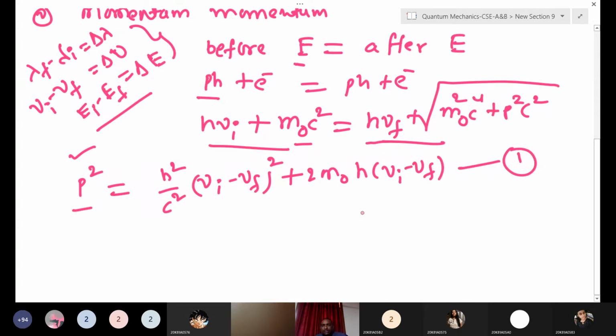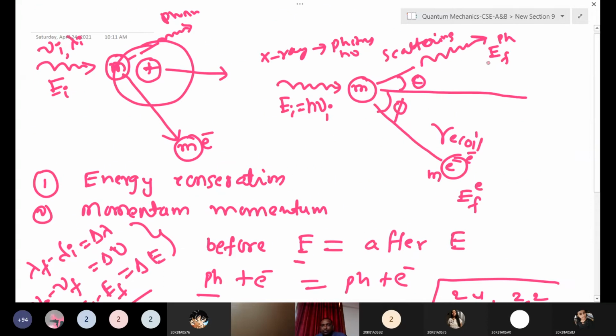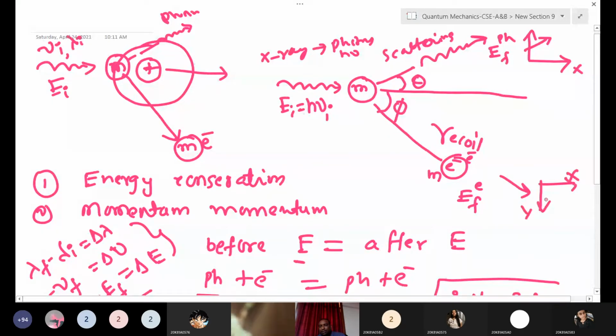See in this diagram, the photon is going in this direction and the electron is going in this direction. But we don't know what the momentum is here. That's why we are dividing into X and Y components. We are dividing the X component, and here the Y component. Same thing here also, X and Y components of electron momentum.